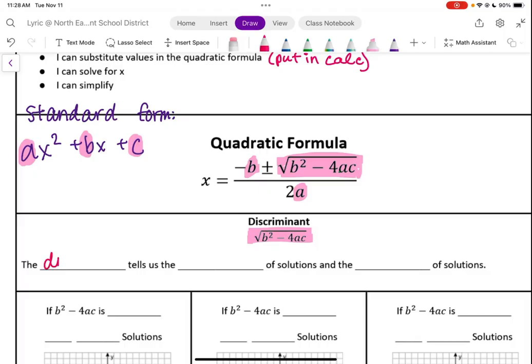So the discriminant tells us the number of solutions and the type of solutions. When we say type, we mean this could be non-real or imaginary. Or it could be a real solution.